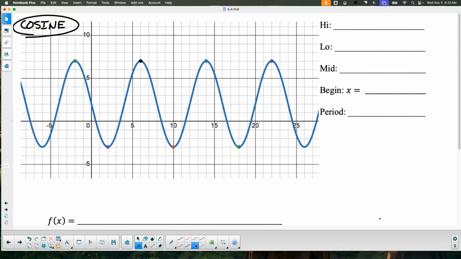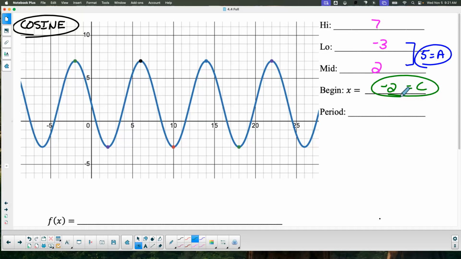I've got a high value at 7, a low value at -3, which puts my middle at 2, which makes my amplitude here to be 5. We wanted a cosine curve, so I'm going to start at -2. So that is going to be my C value.